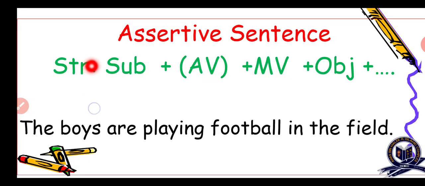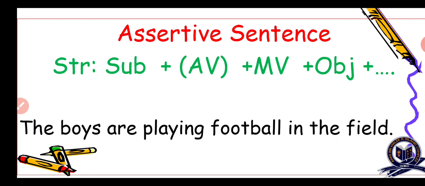At first it will start with the subject, followed by an auxiliary verb, then a main verb, and then an object. Look here, I put the auxiliary verb in brackets. That means there may be an auxiliary verb or may not be.